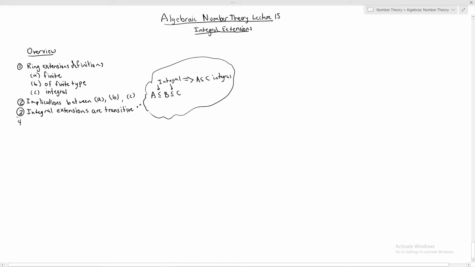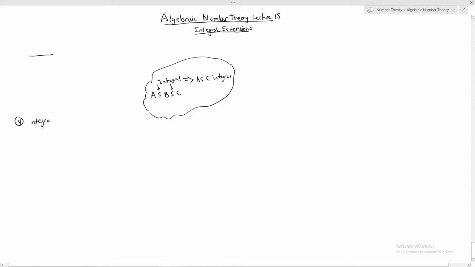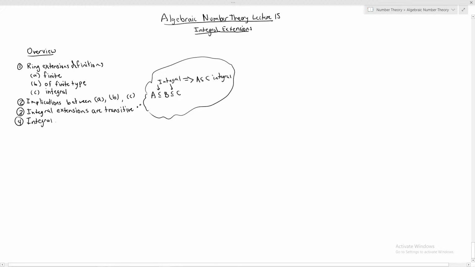And then 4, we're going to use 3 basically to prove that integral closures are integrally closed. So it's kind of a... Okay, that was weird. Integral closures are integrally closed.